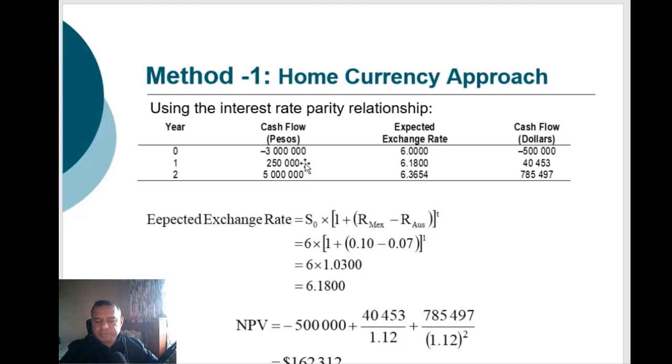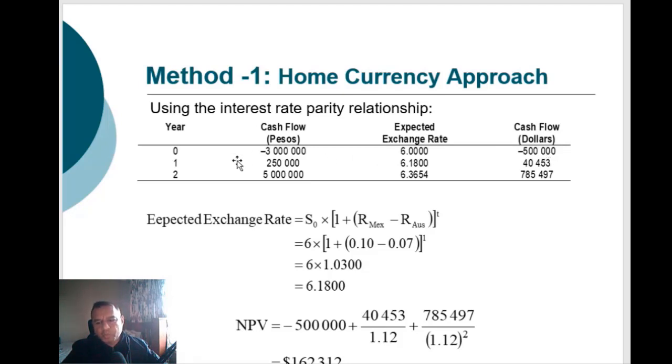In year 1 we receive 250,000 pesos, a cash inflow, and in year 2 we have 5 million pesos, also a cash inflow. These are the expected exchange rates. Currently the exchange rate is 6, and the cash flow in dollars is $500,000.